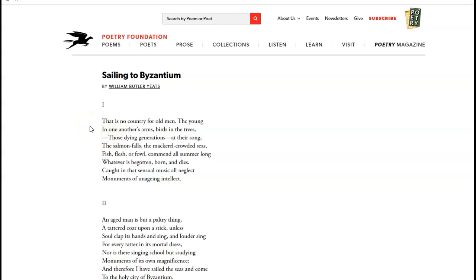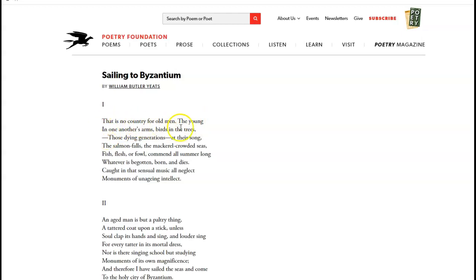The first element that I teach students about when we read poetry, and it's one reason why students sometimes have a hard time reading and understanding, especially Shakespeare but also any poetry, is because we read line by line for some reason. So let's say we were to read this line: "That is no country for old men, the young."